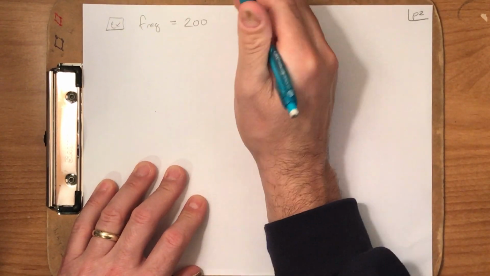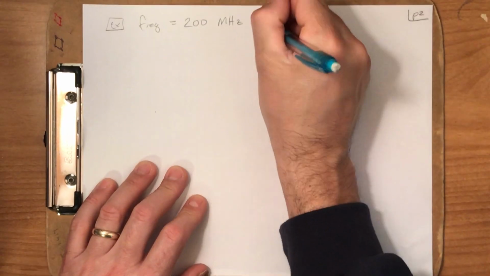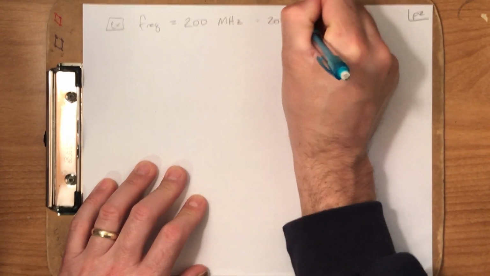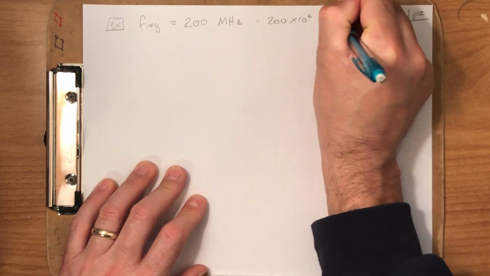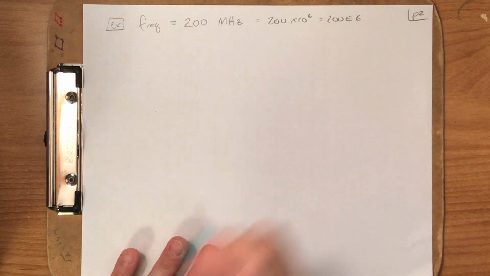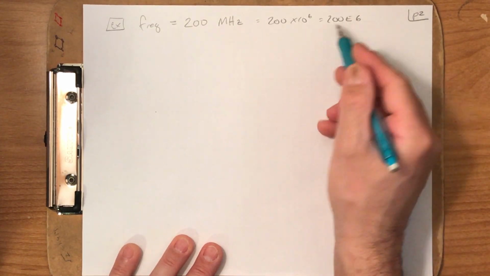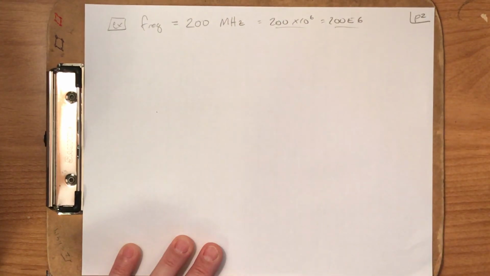Let's say that the frequency equals 200 megahertz. So that's 200 times 10 to the 6, mega for the 10 to the 6. Two different ways to express that same number.